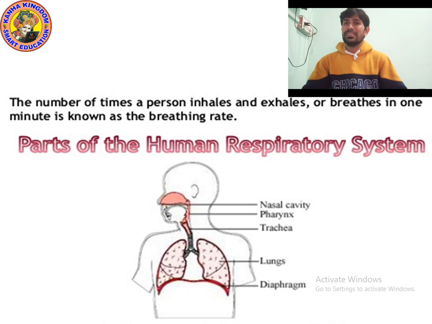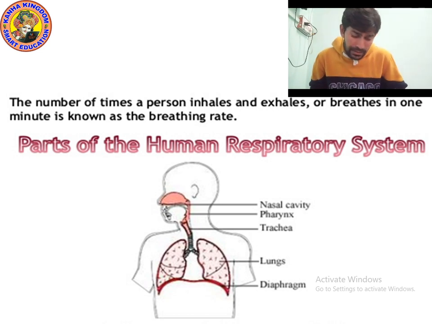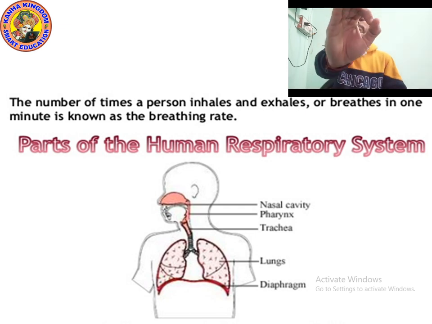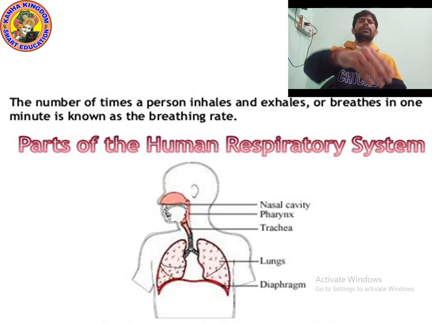This leads to the movement of air inside the lungs. During exhalation, the diaphragm moves up and the rib cage moves inward, and the size of the chest cavity is reduced. This leads to the movement of air out of the lungs.